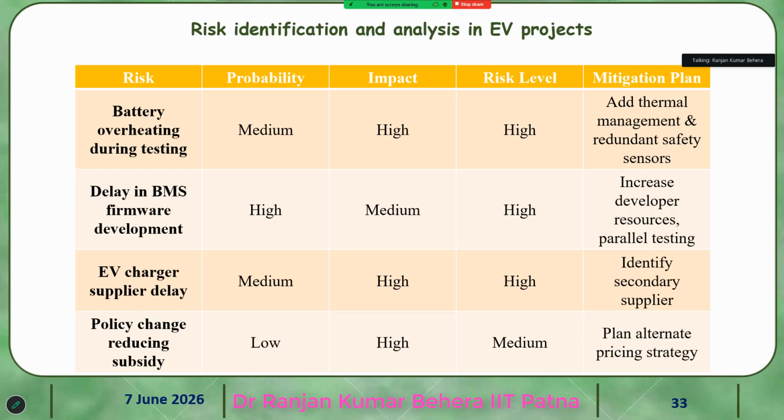So add a thermal management plan and redundant safety sensors. Delay in the BMS firmware development is low probability, but the risk level is high: increase developer resources and parallel testing.